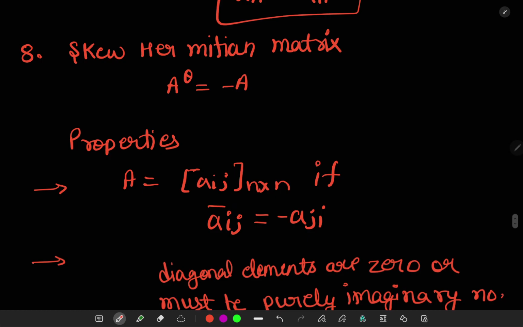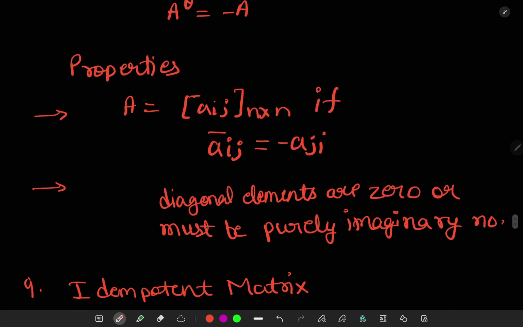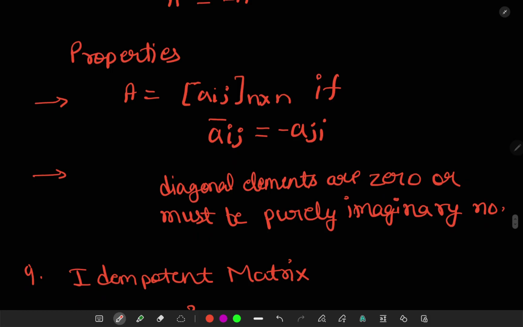Now skew Hermitian matrix. If the dagger of a matrix A is equal to minus matrix A, now their properties.